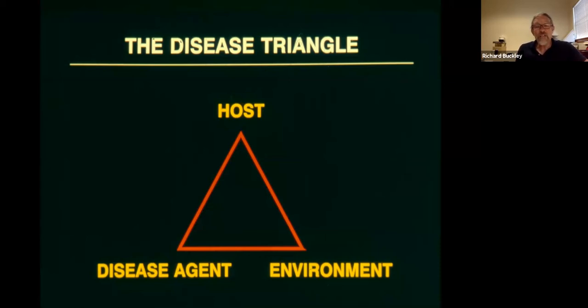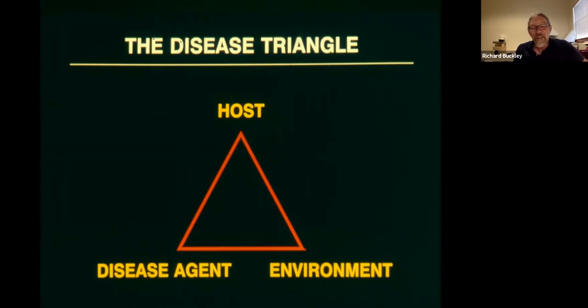And this relationship between these living organisms has to occur within a set of favorable environmental conditions. It's a complex thing, but it's easy to illustrate using the disease triangle model, this graphic that we use to describe plant problems.